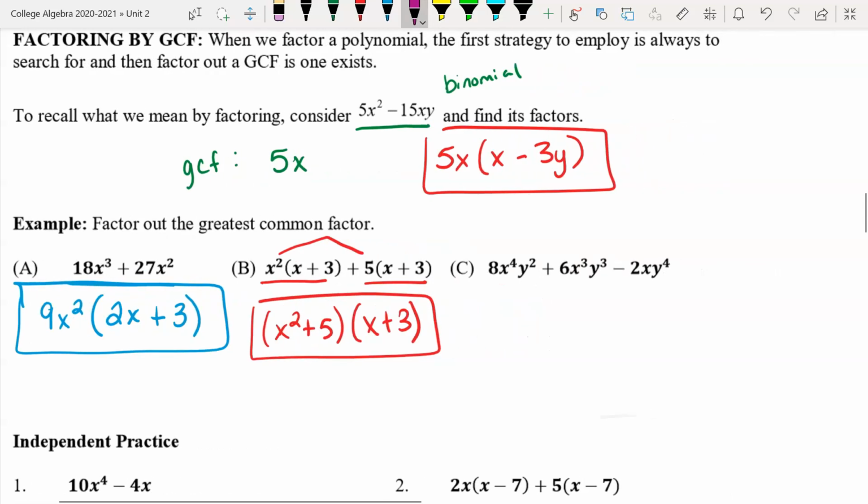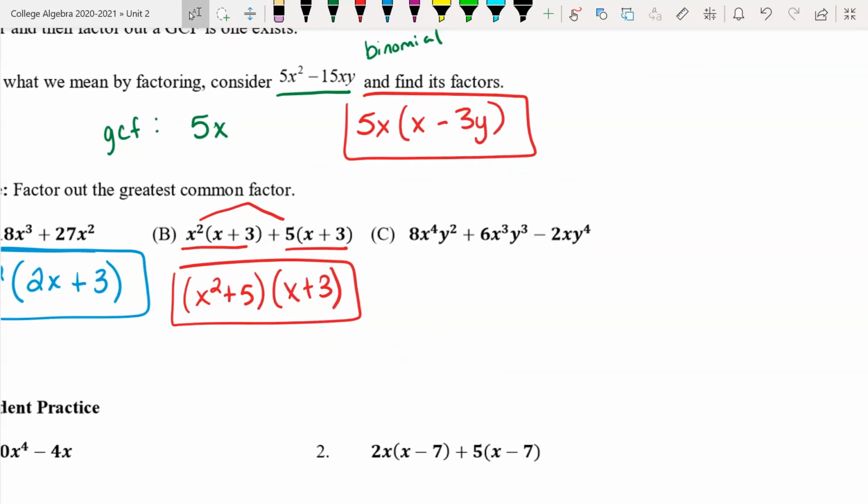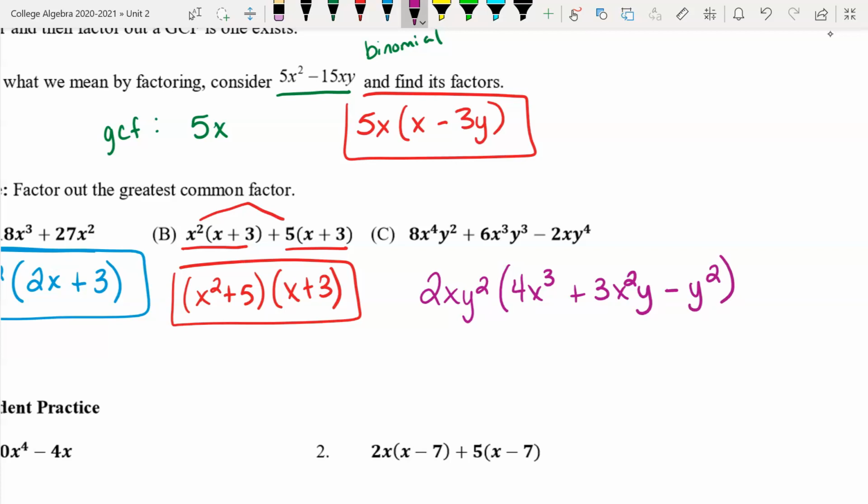So go ahead and pause the video. Might as well try C, just see if you can do it. If you paused it and tried it, hopefully you got 2xy squared as the GCF. Whenever I factor it, 2xy squared goes out, and what I have left over goes in parentheses.